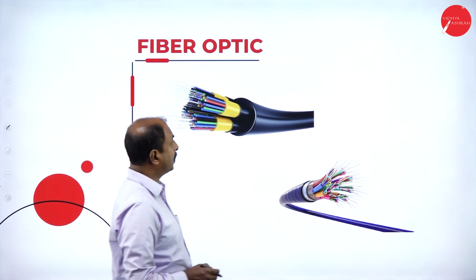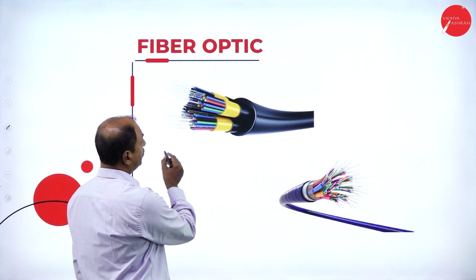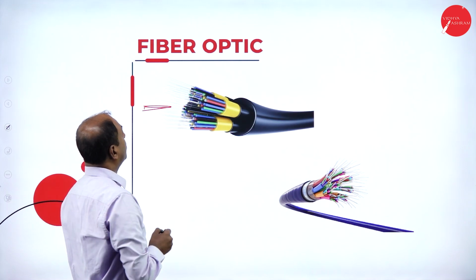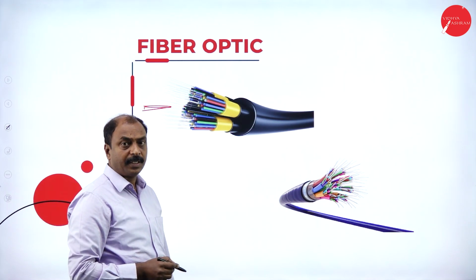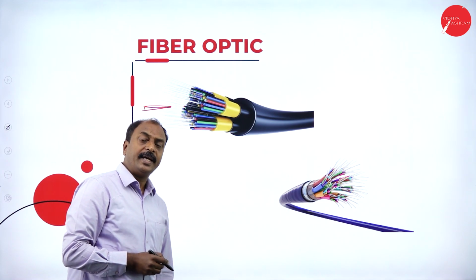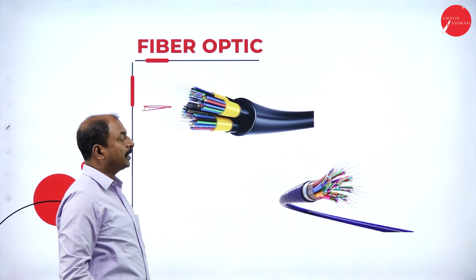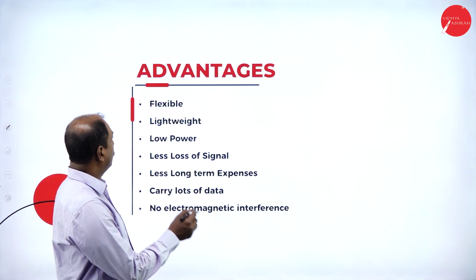You might have come across these types of cables all over the city. Here this is the main core cable. This is of glass material, and here the data transmission takes place with light, on the principle of optics. So this is optical fiber cable. Now what are the advantages?